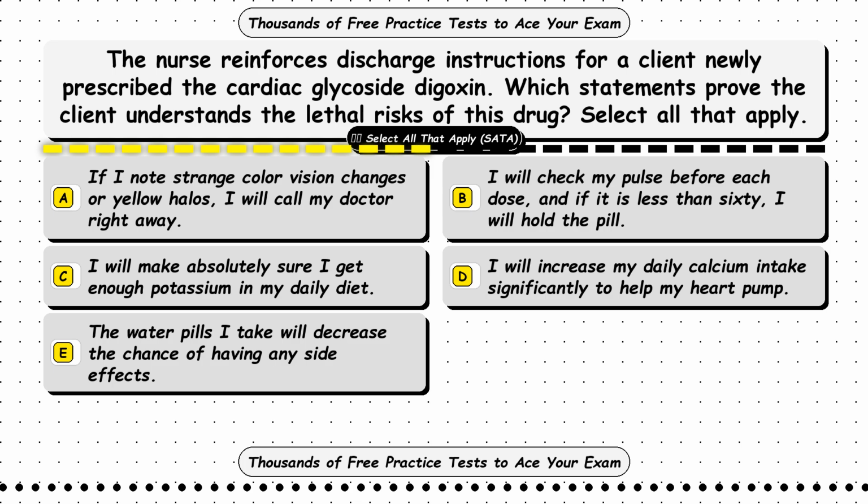Option B, I will check my pulse before each dose, and if it is less than 60, I will hold the pill. Option C, I will make absolutely sure I get enough potassium in my daily diet. Option D, I will increase my daily calcium intake significantly to help my heart pump. Option E, the water pills I take will decrease the chance of having any side effects.